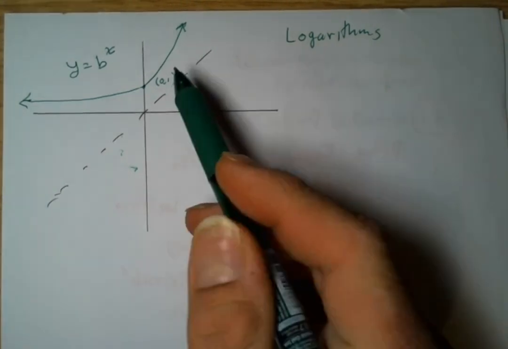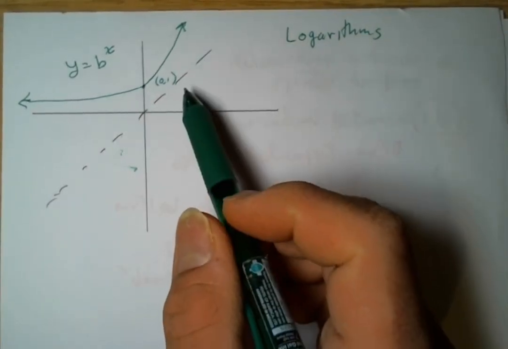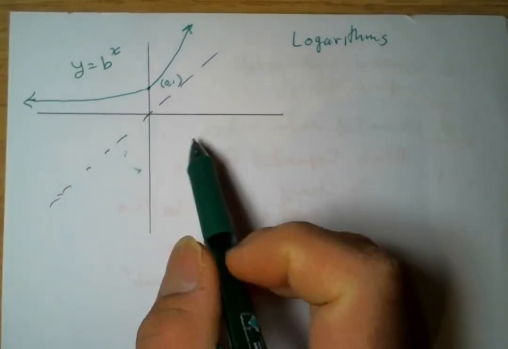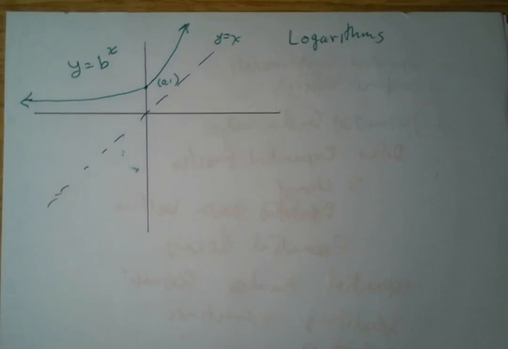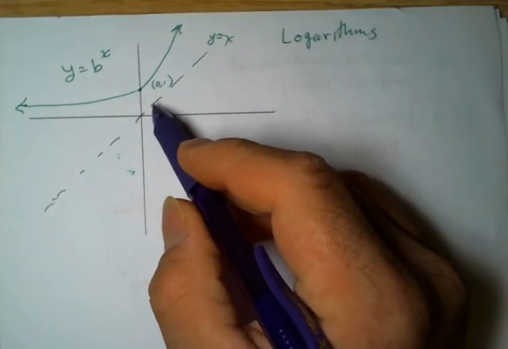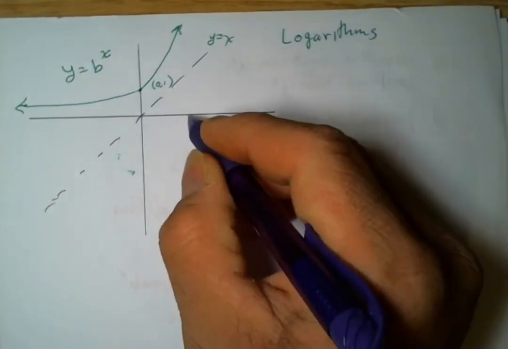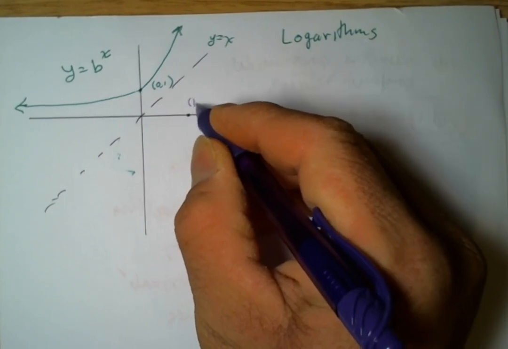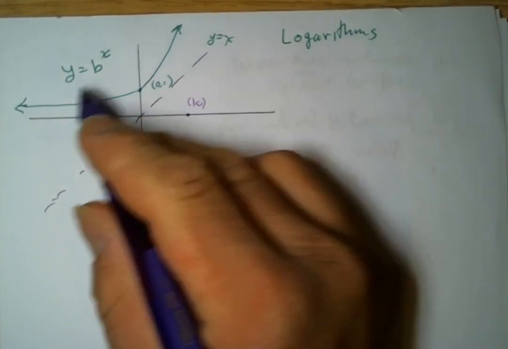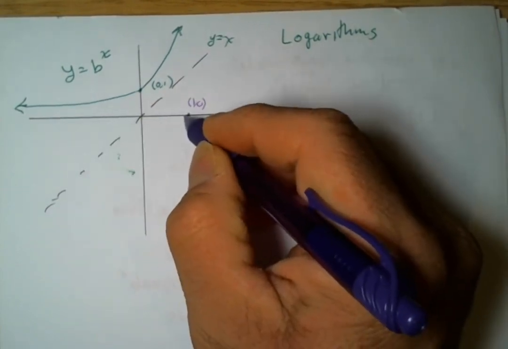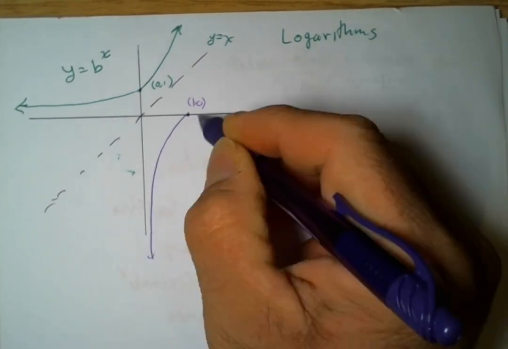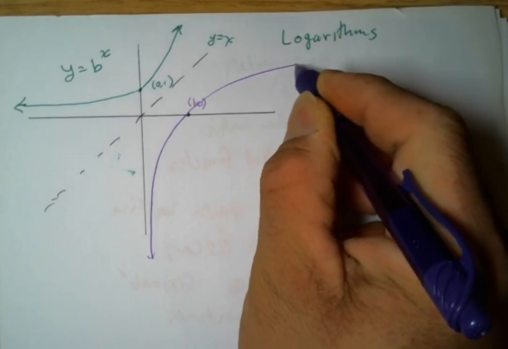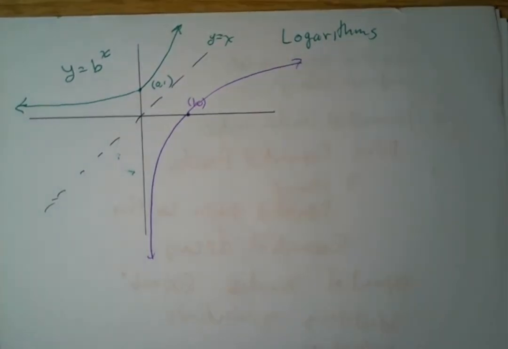The way we can find the inverse, at least graphically, is it's reflected across this line y equals x. That's the line we see here. So its reflection, this would reflect to the point (1, 0). And instead of having an asymptote at the x-axis, the asymptote will now be the y-axis.